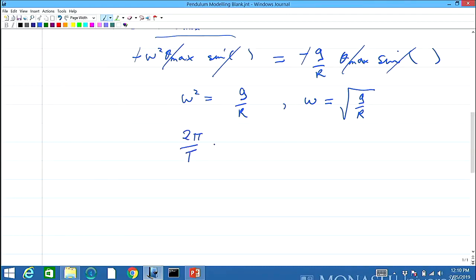So we're interested in the period of this motion, and that's square root of g on R. So solving for T there, might as well do that, is, so we're going to square both sides, and it's g on R.